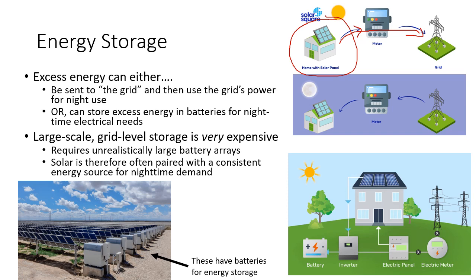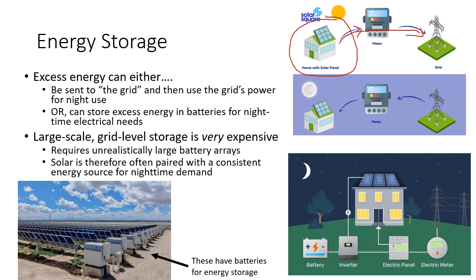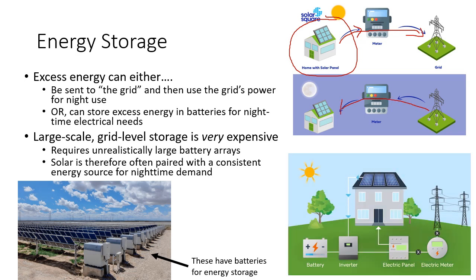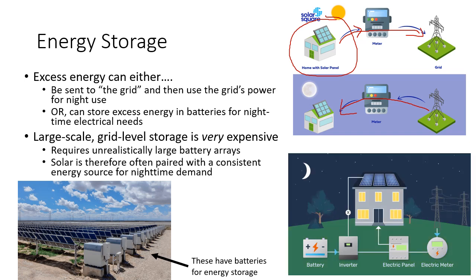Your meter is actually going to run backwards and they will sort of, quote unquote, pay you for that electricity. At nighttime though, you will be getting electricity from the grid because you're not getting sunlight for the solar panels, and your meter is going to be going forward.